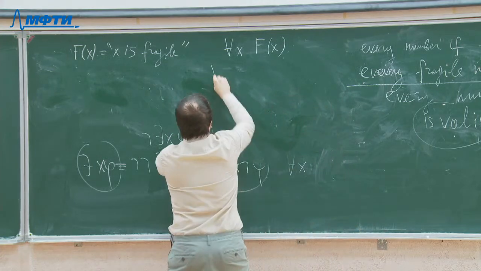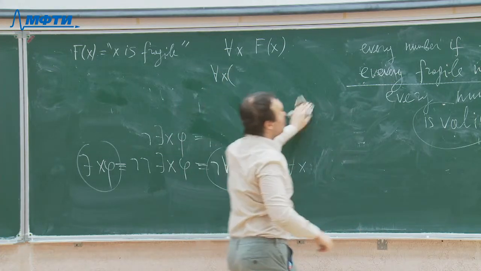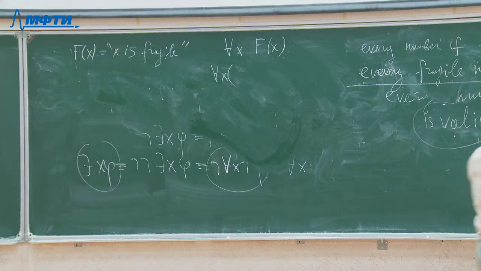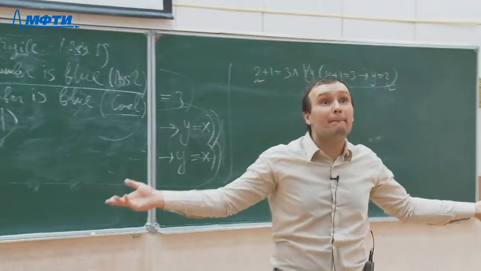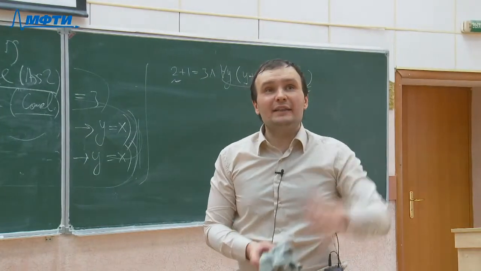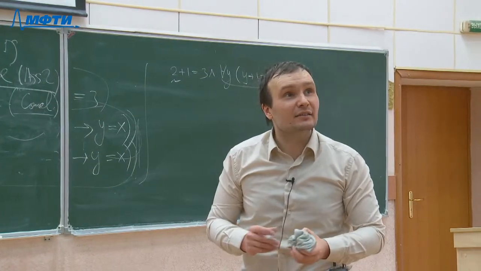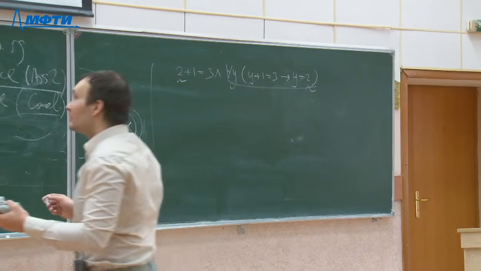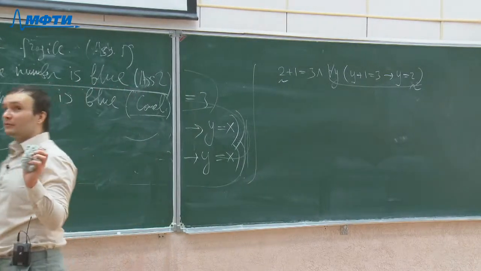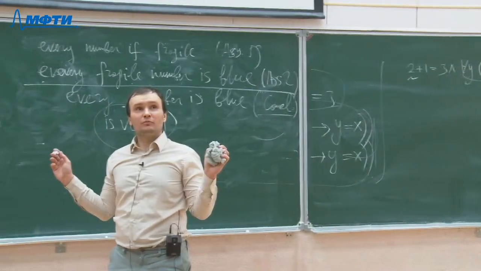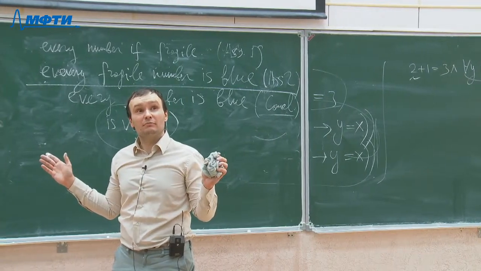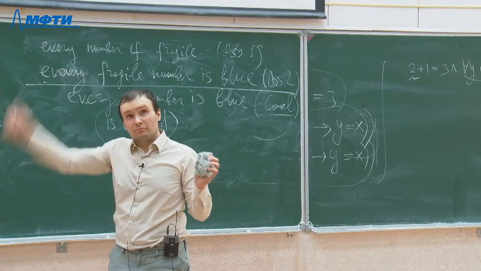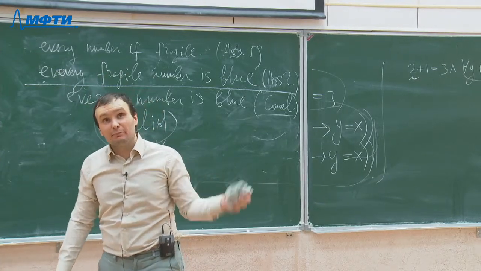And now let's formalize this one. How is it possible to put it into symbols that every fragile number is blue? Any ideas? For each x? Every fragile is blue.